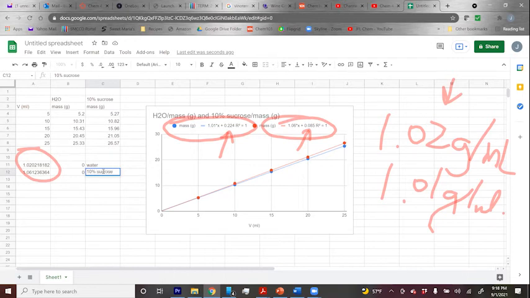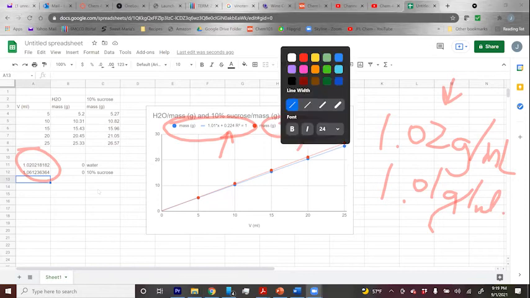which is kind of why I maybe suggest just making the solutions tonight and doing the rest of it tomorrow, because it takes a while just to make the solutions. So according to this, the slope of my 10% sucrose solution is 1.061, right here.